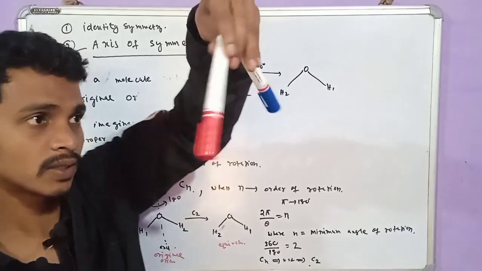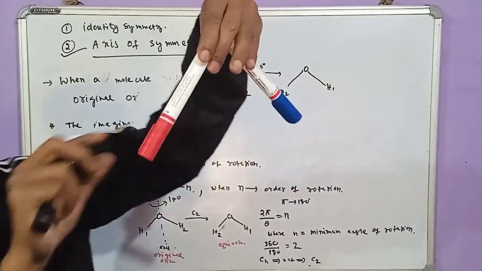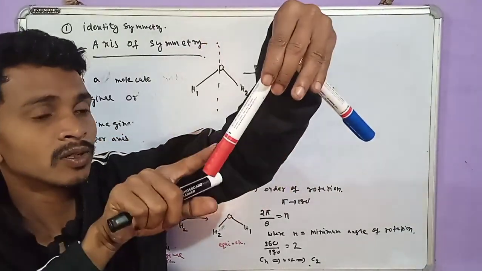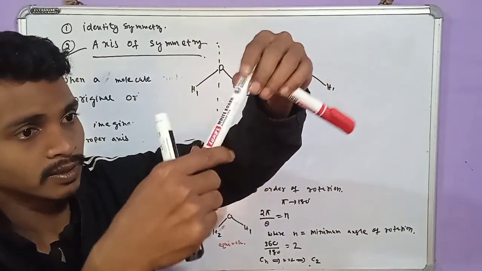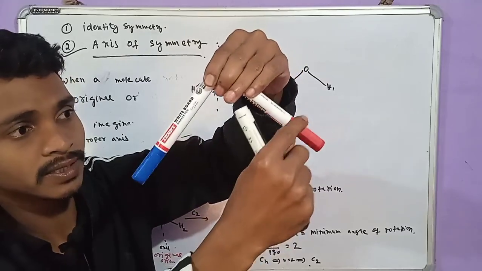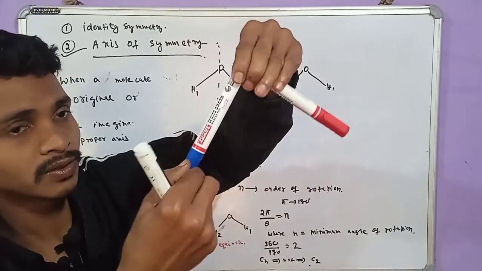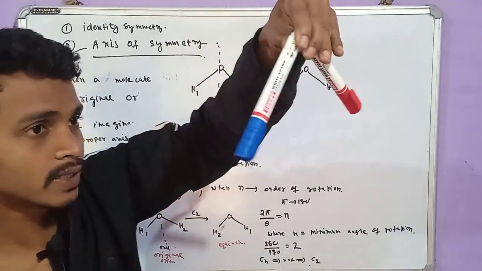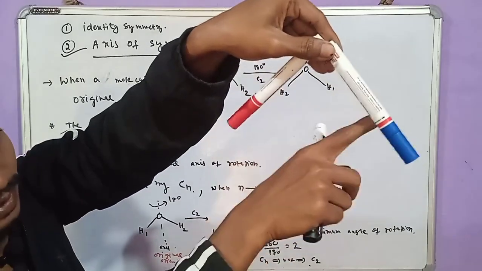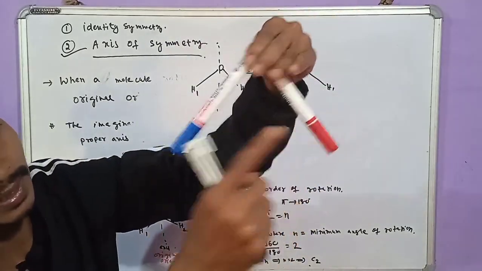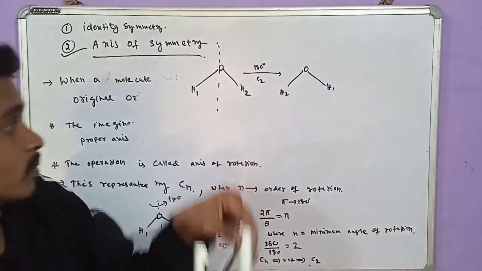After a 180 degree rotation, what are you getting? Let's say these are the front sides; when I rotate by 180 degrees they interchange and go to the back side, since what was in front goes back.